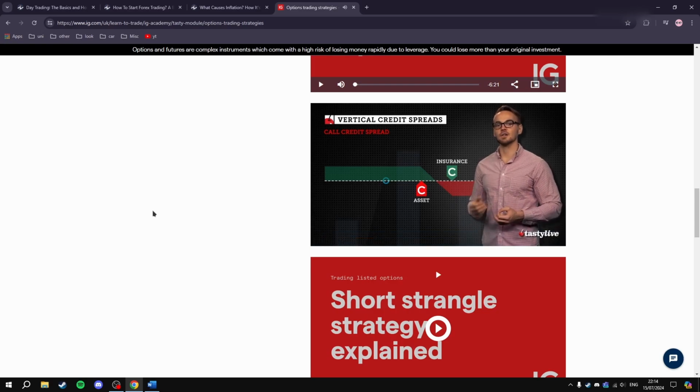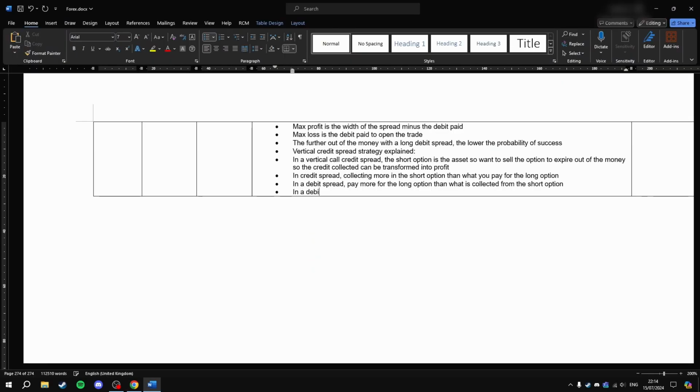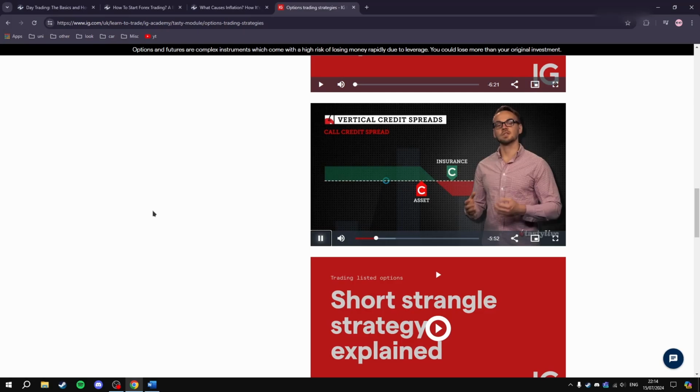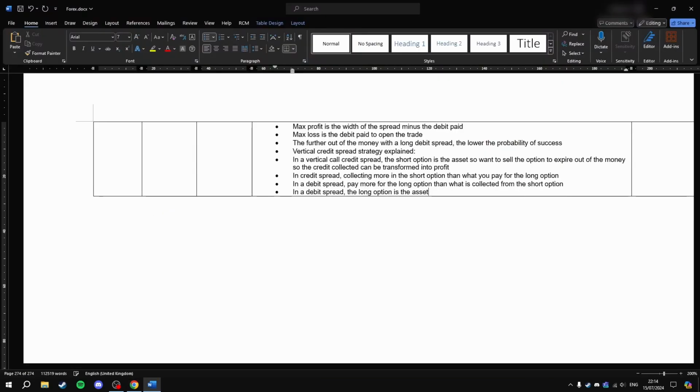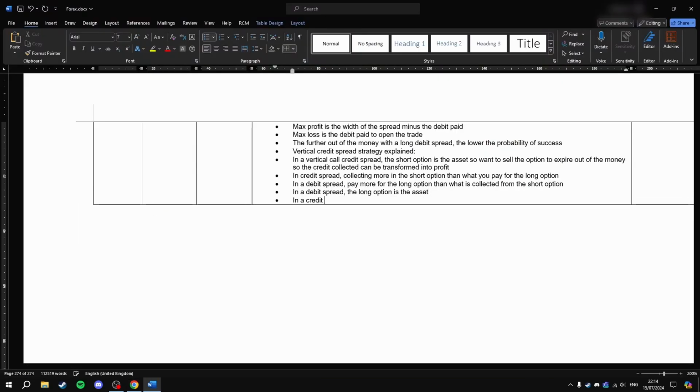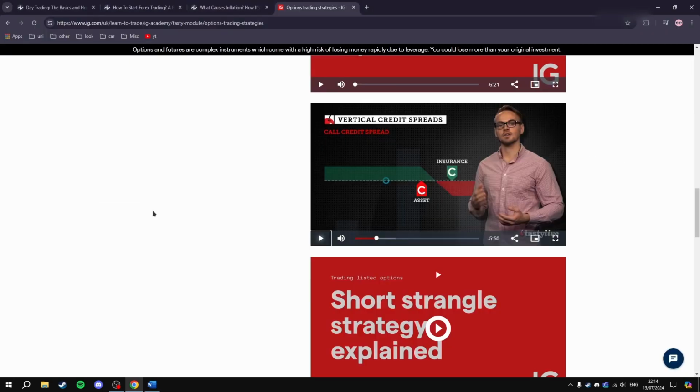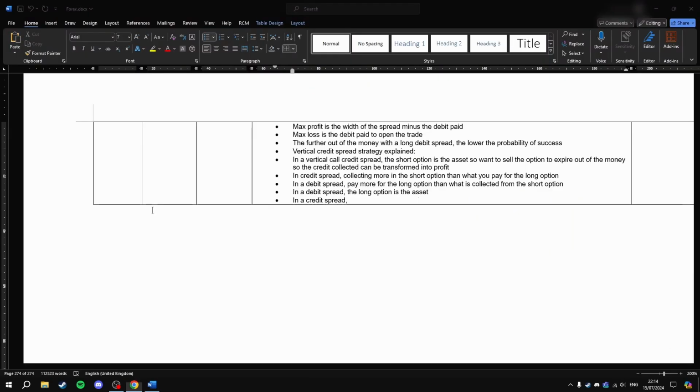With debit spreads, our long option is the asset. With credit spreads, our long option is our insurance.